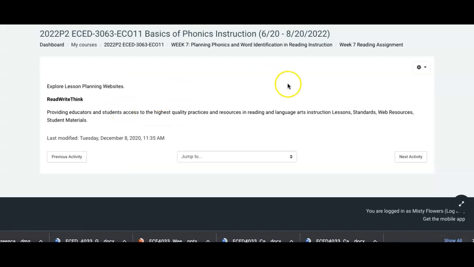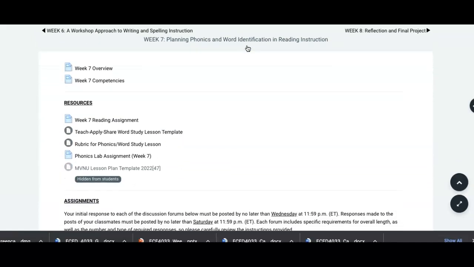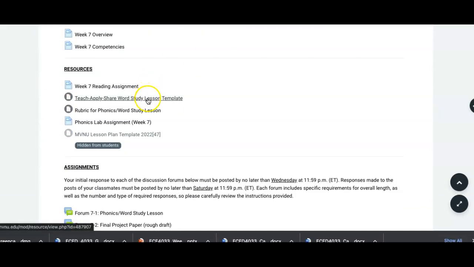Reading assignment this week is to explore lesson planning websites, and Read, Write, Think is a great website if you don't already know about it. Here is the lesson plan template.